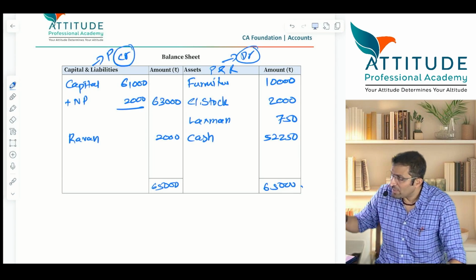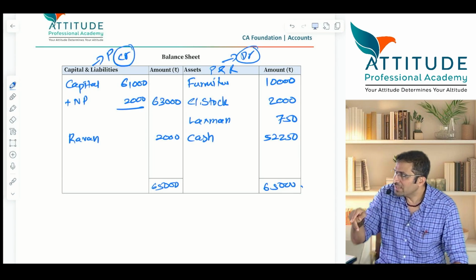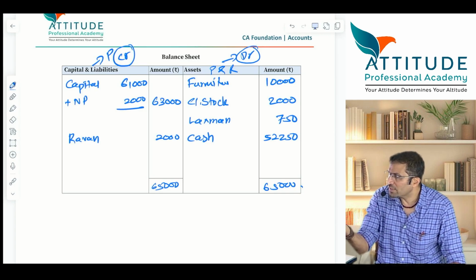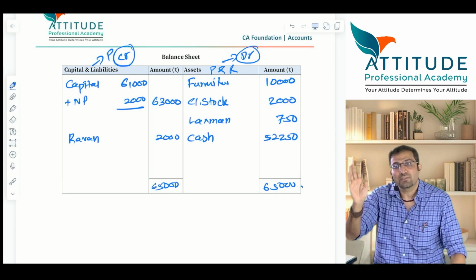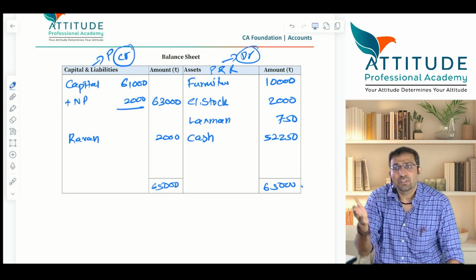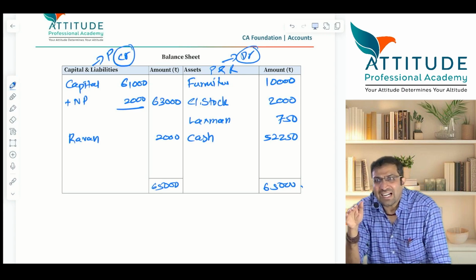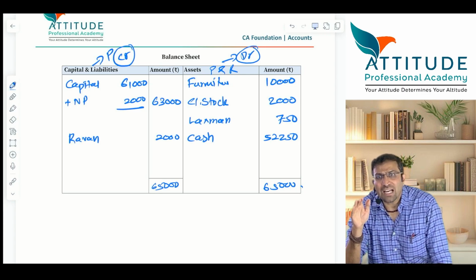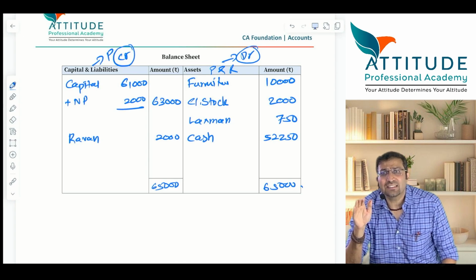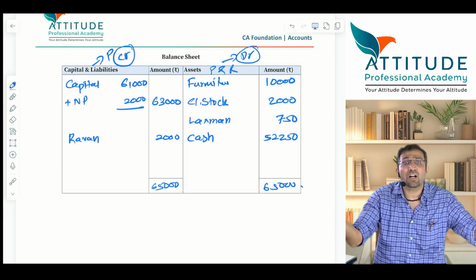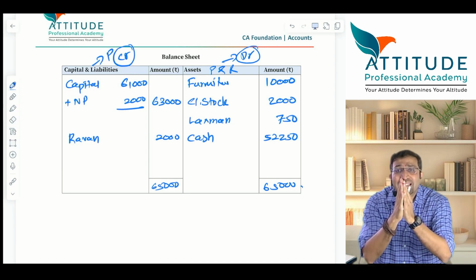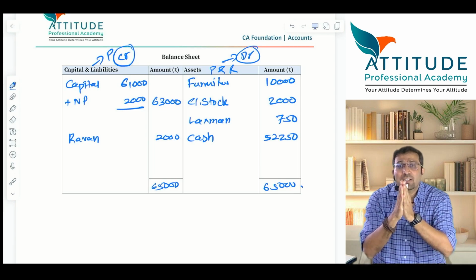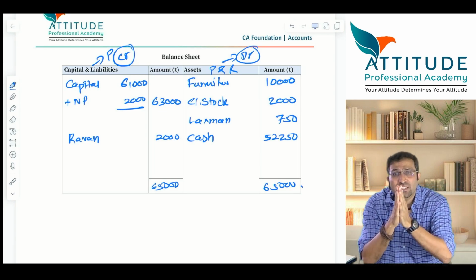But this drama is required so that you can understand from where it comes. If you want to know your profit or loss, you cannot say accounting equation, find profit or loss. You have to do this flow. Understood? Are you now getting what are closing entries? All the nominal accounts should get closed by passing closing entries.